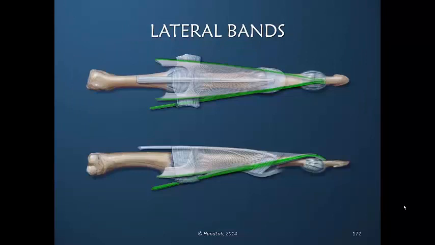The lateral bands we discussed are not distinct separate tendon structures. They are the thickened edges of the dorsal apparatus that specifically carry power, but they also share the power.